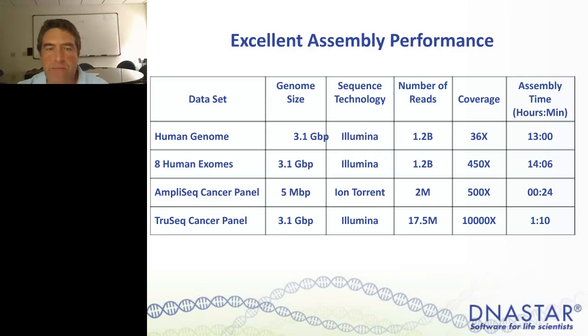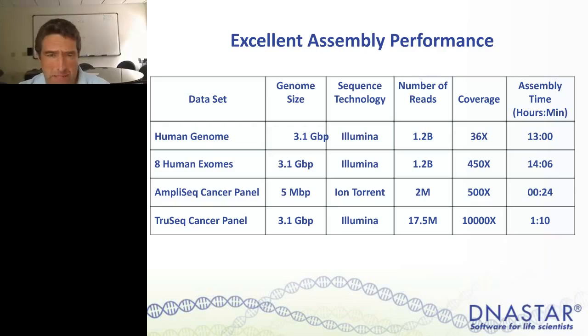Of course, these are different assembly types where there are different numbers of reads. So a human genome may have 1.2 billion reads, as would 8 exomes that we align all together. And the coverages vary as well, from 36x coverage in the human genome all the way up to tens of thousands of x coverage in a very deep cancer panel.